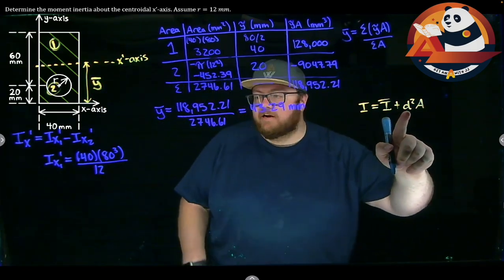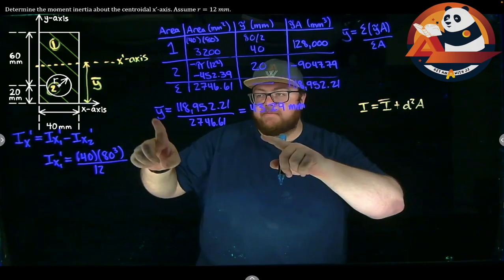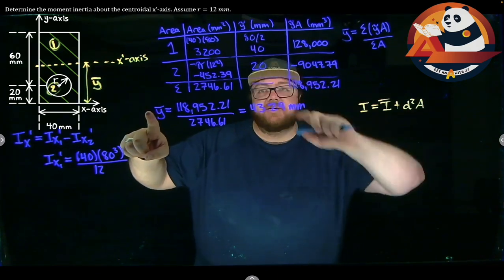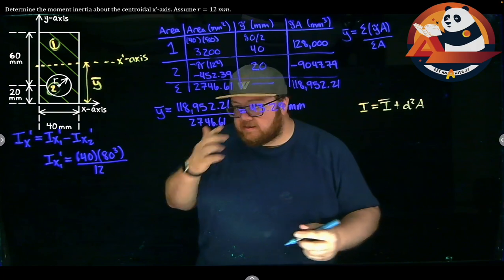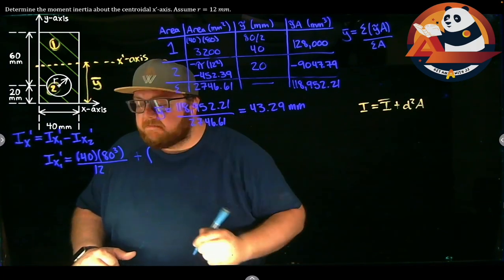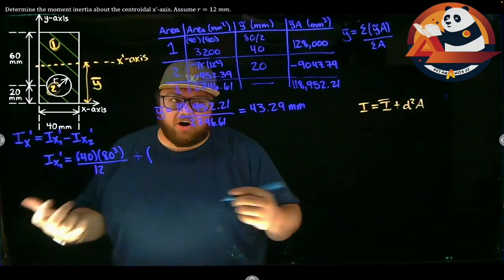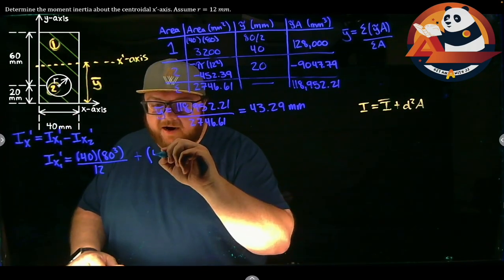Plus d squared, my distance between my centroidal axis for the entire object and my centroid of just one piece in here. So plus d squared. And if we're doing moment of inertia about the centroid, if I've measured everything in here, I can always just do y bar minus y tilde.